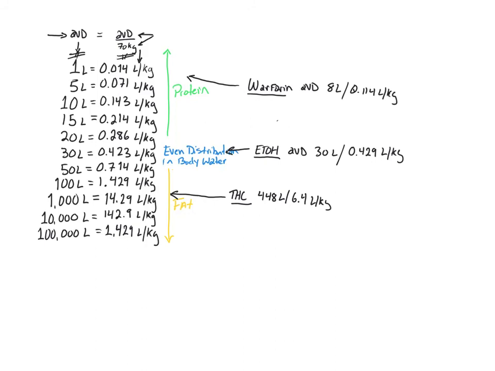And so this gives us a good idea that when we look the volume of distribution up for a drug, it gives us an idea of how the drug's distributing throughout your body and where it is going. Is it distributing out equally? Is it wanting to stay more in the blood because it's binding to proteins in the blood? Is it distributing out into the fatty compartments rather? And then that helps us determine the best dose.